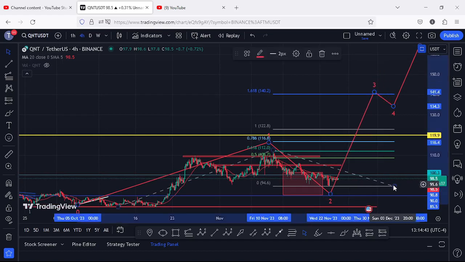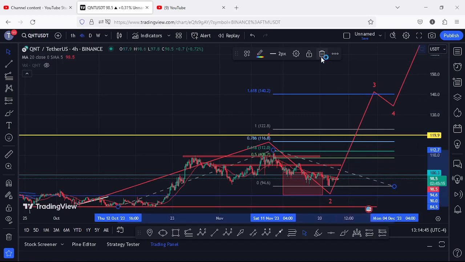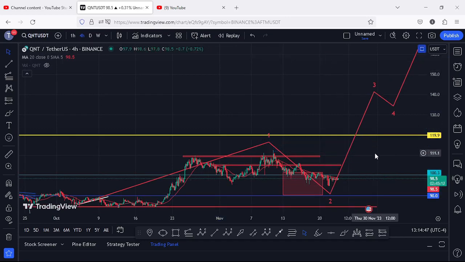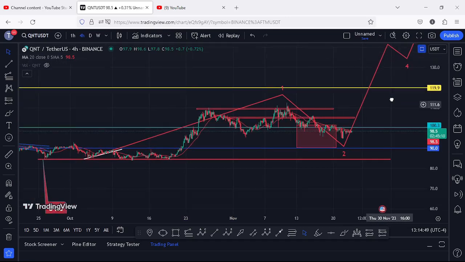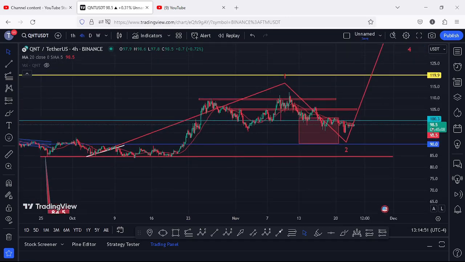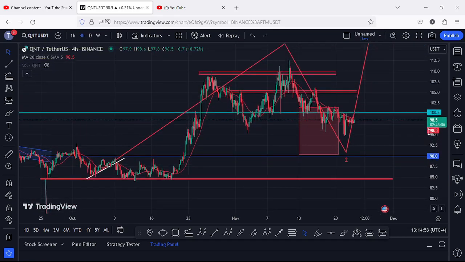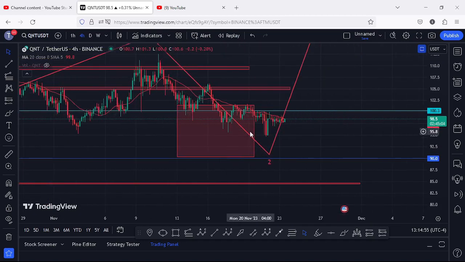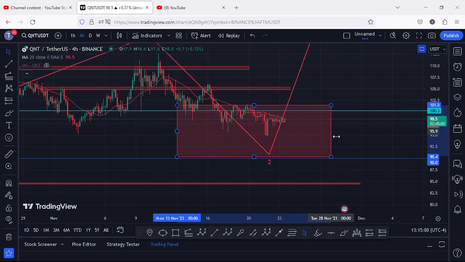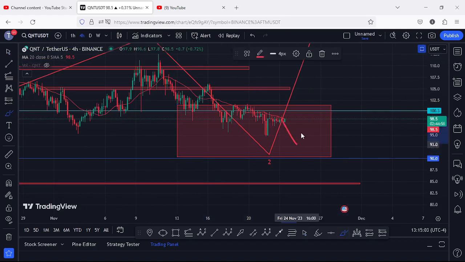Alternatively, in case we don't see a break above significant areas of resistance and maybe we continue seeing further weakness in the markets, there are chances that we can continue heading further down into this red target area for the second wave, the minimum pullback target area for the second wave, where we can easily see QNT fully maximize the target area.